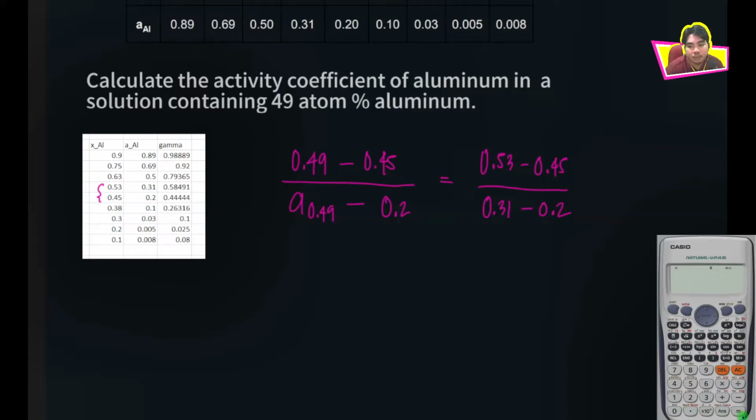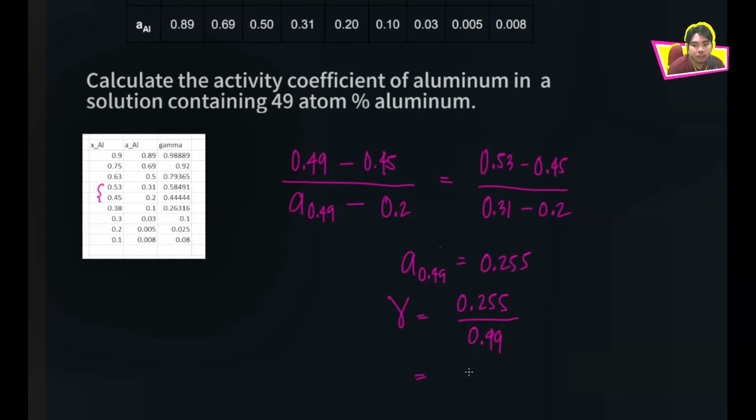This is 0.255. So we have activity 0.255. Therefore, kung kukunin natin yung gamma, then it's just 0.255 divided by 0.49. Tama?